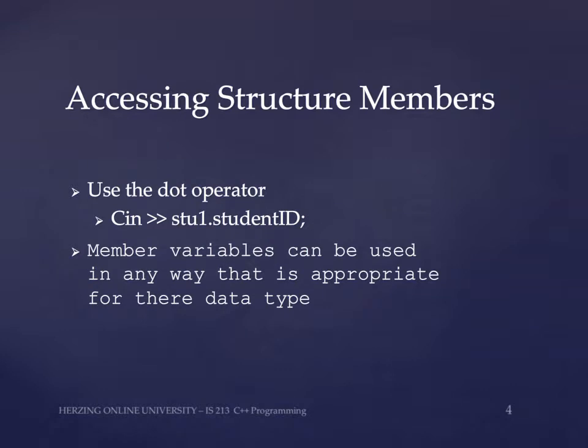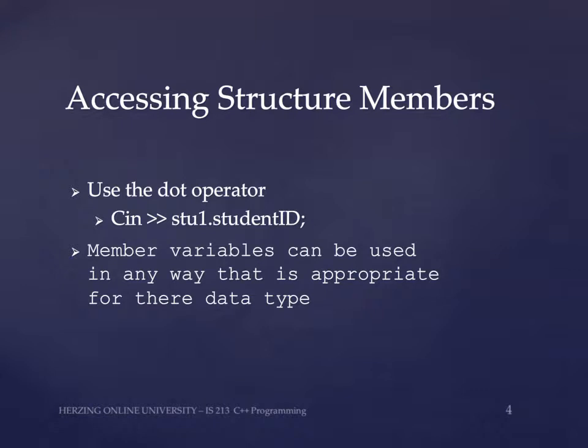Accessing structure members. To access structure members, you use the dot operator to refer to members of struct variables. So here we have the struct stu1, and the member of the struct is student ID, and you see how it's separated by the dot.